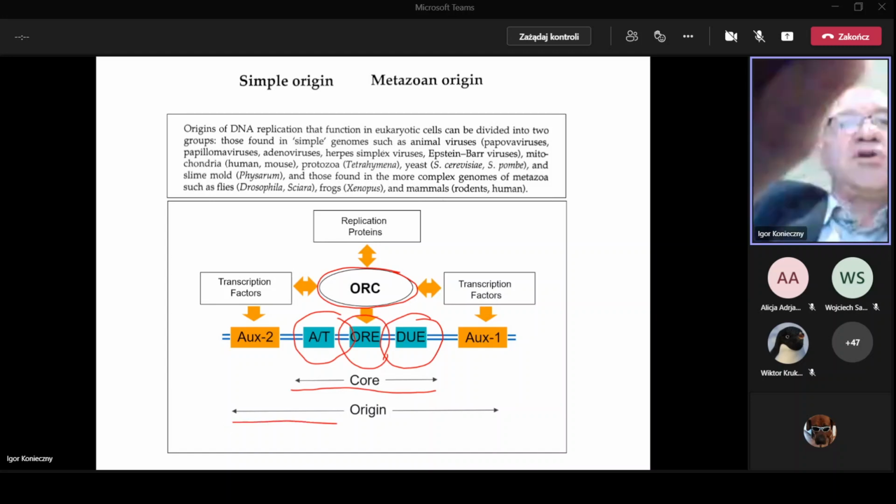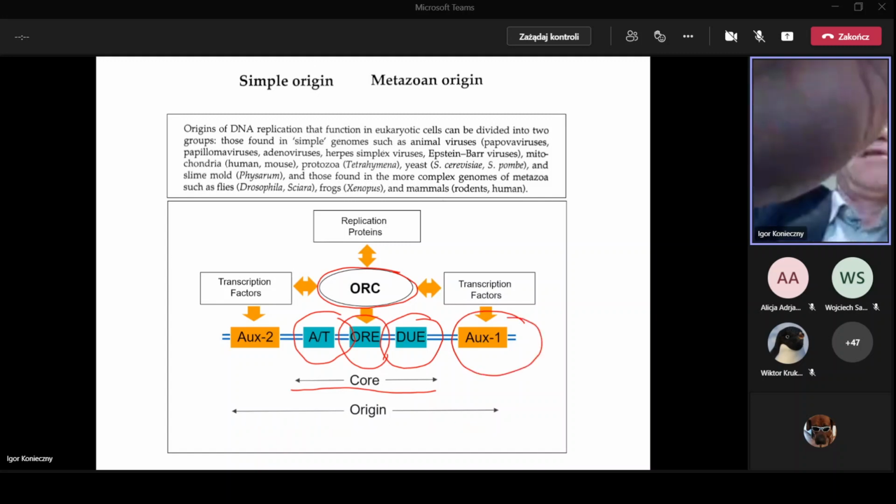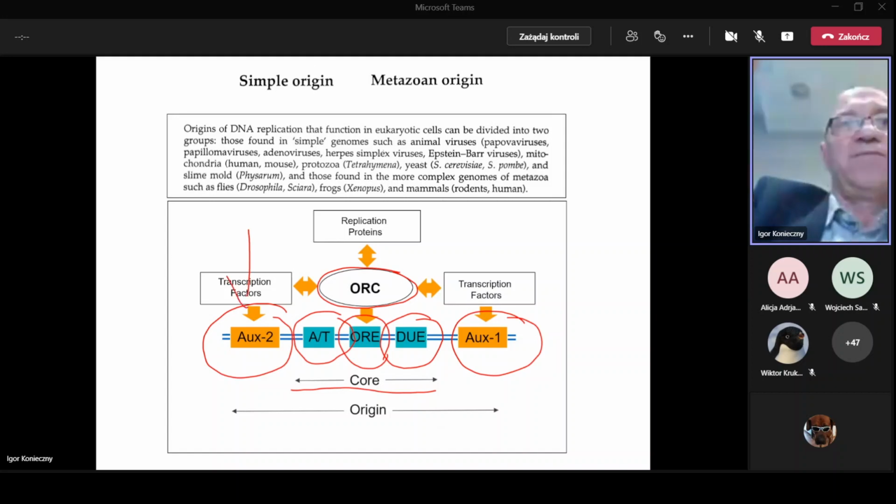The entire origin also has auxiliary elements, and auxiliary elements are bound by transcription factors.